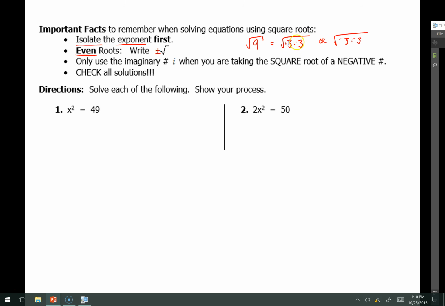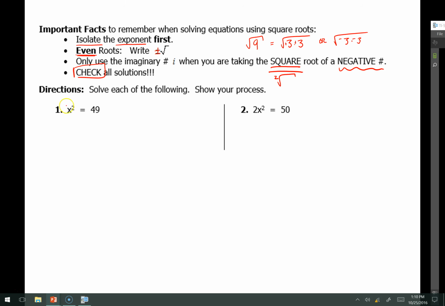So we have to accommodate for the fact that there's both a positive case and a negative case when we take those even roots. We are only going to use imaginary numbers when we're taking the square root, meaning a root with index 2 of a negative number. And we, again, just like in the absolute value unit, have to check every single one of our solutions to verify. So let's do a bunch of practice problems with this.